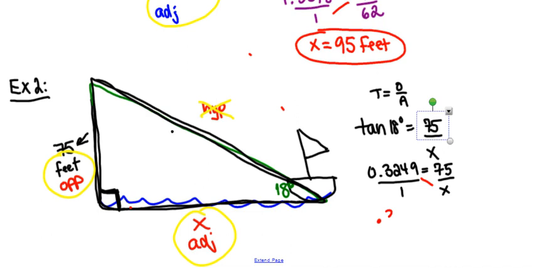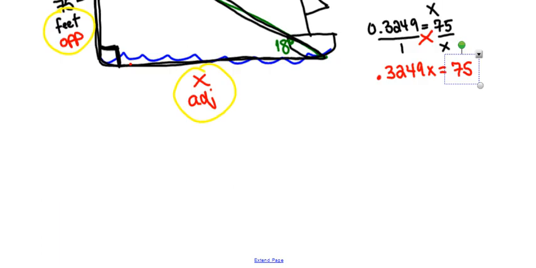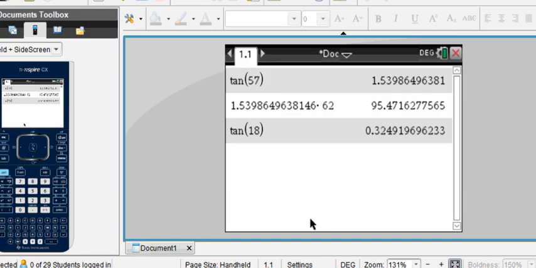Now I'm all set to make that a proportion and cross multiply. So I've got 0.3249 times x going in one direction is equal to 1 times 75, or 75 going in the other direction. Now I need to divide both sides by 0.3249. So x is going to be equal to 75 divided by 0.3249.